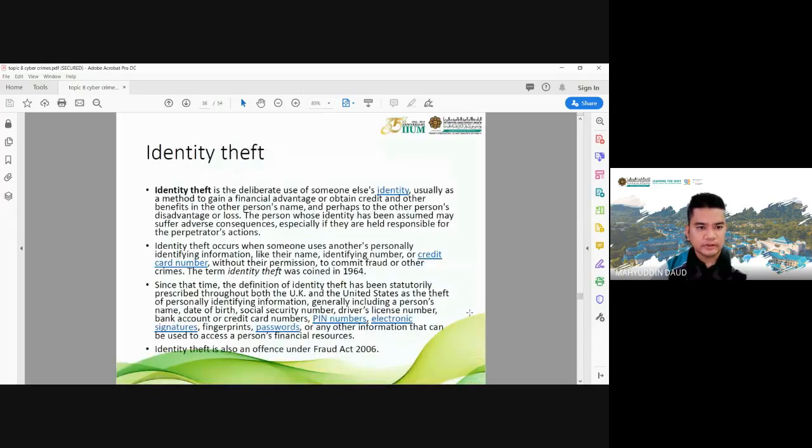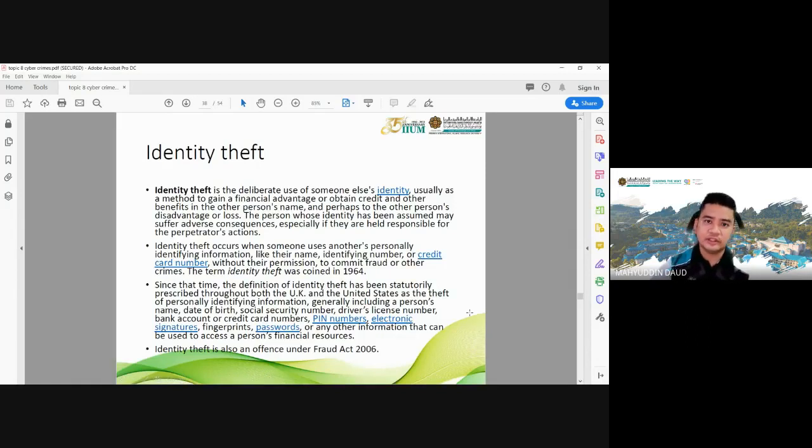Okay. For identity theft, this is sebenarnya sama juga. If you're doing fraud and you do that to steal someone else's identity, the identity can be in the form of credit card information, PIN number, electronic signature, fingerprint.